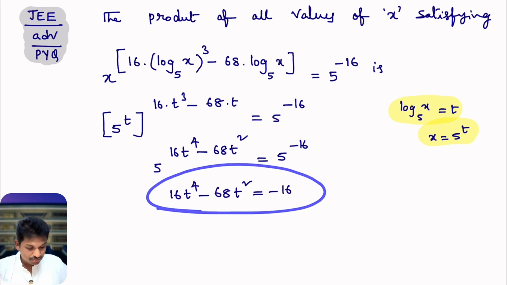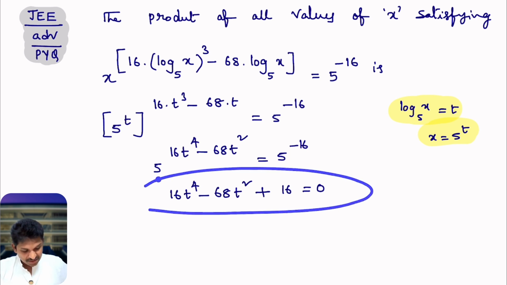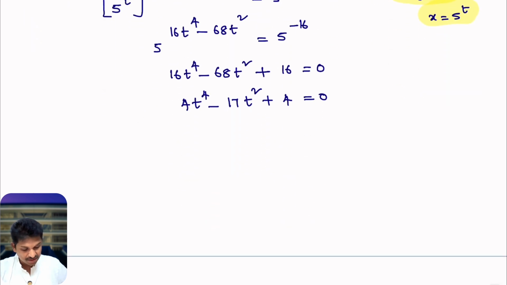Now take minus 16 to this side, then this will become plus 16 equal to 0. If you observe this, I can take 4 common. 4 times of t power 4, 4 sevens are 68, minus 17t square plus 4 equal to 0. This can be written as 4 times of t power 4 minus 16t square minus t square plus 4 equal to 0.